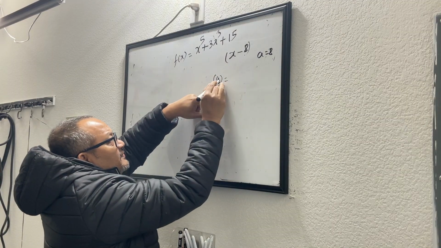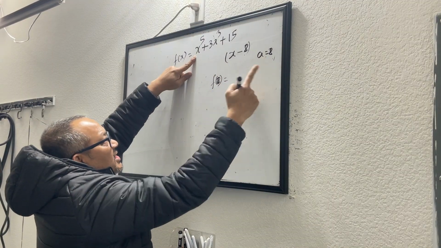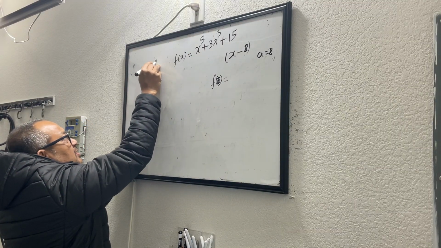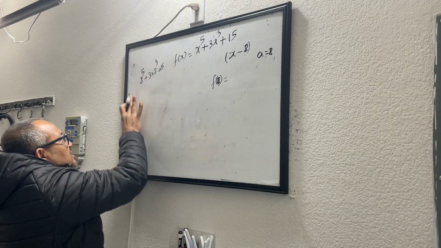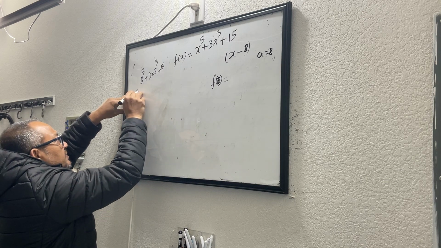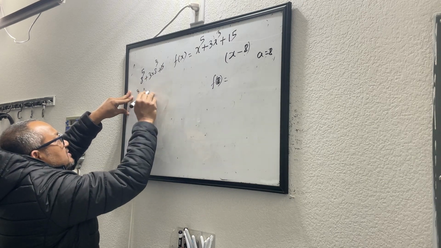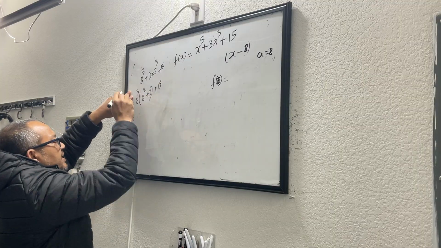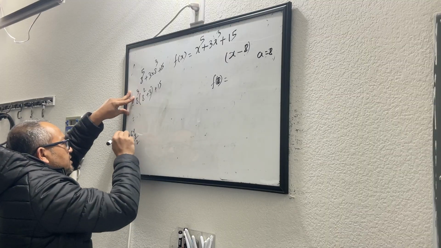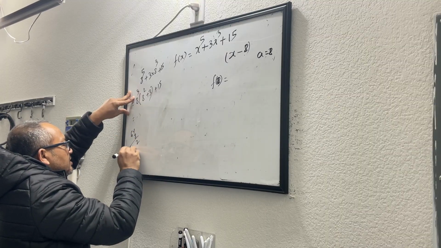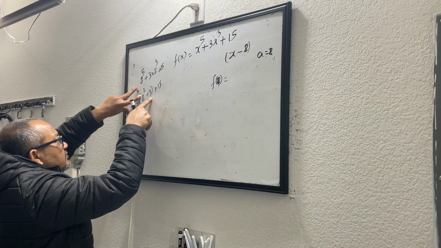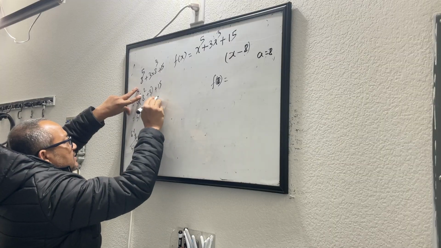So let's evaluate this for x equal to 8. So 8 to the power 5 plus 3 into 8 cube plus 15. Let's see how much it turns out to be. Let's keep 8 cube here: 8 square plus 3 plus 15. 8 cube is 64 times 8, which is 512.